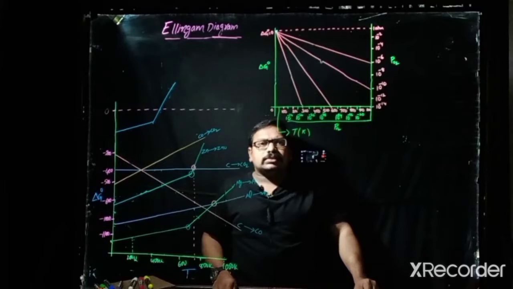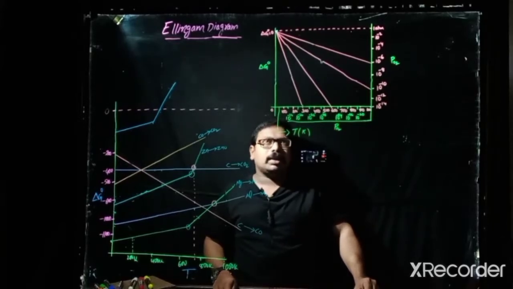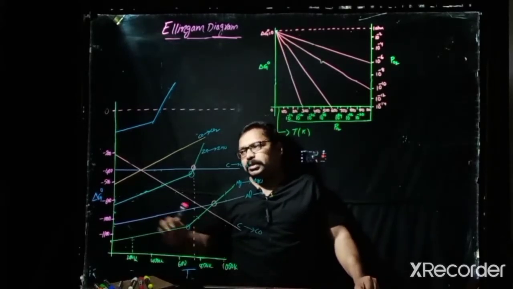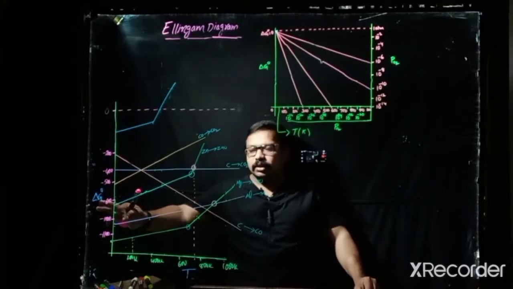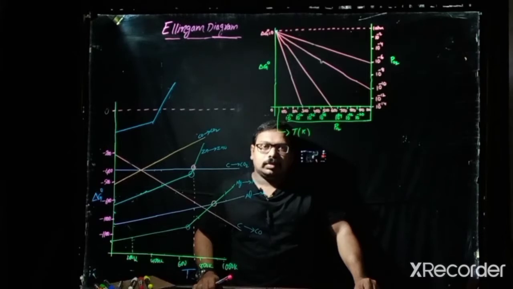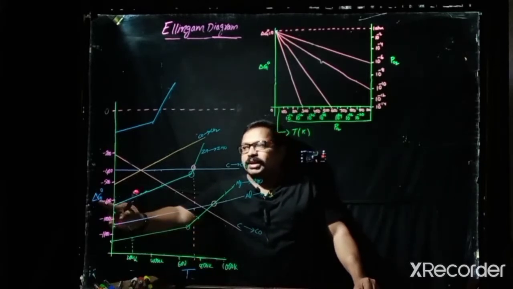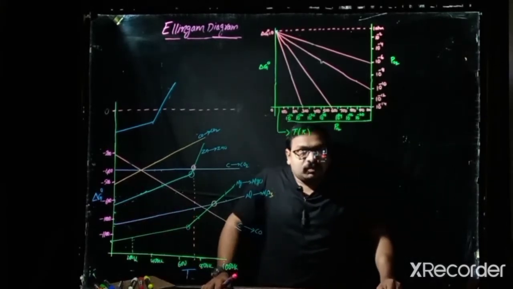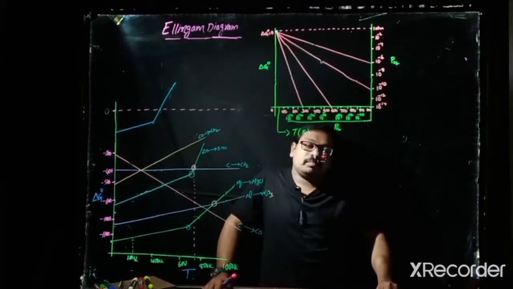Ellingham diagrams are nothing but graphical representations of the standard Gibbs free energy versus temperature. This standard Gibbs free energy we are calculating for the oxidation of metals.